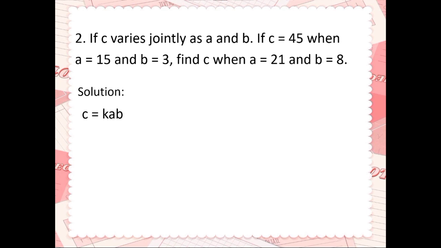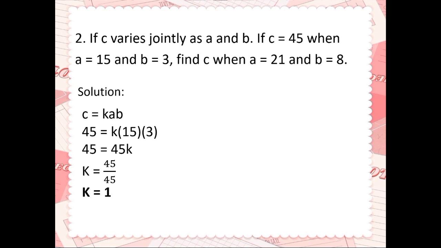Let us substitute the value of C, A, and B into the equation. Then we have 45 is equal to K times 15 times 3. So the product of 15 and 3 is 45. Divide both sides by 45. So we have K is equal to 45 over 45, and the value of our K now is 1.